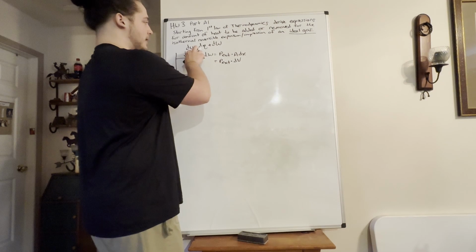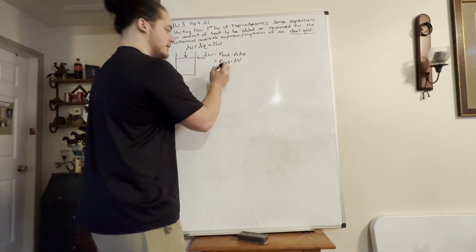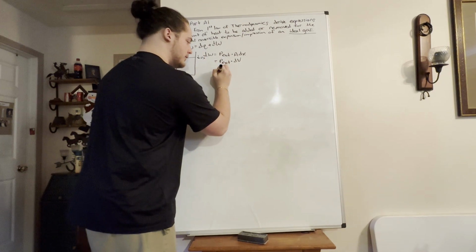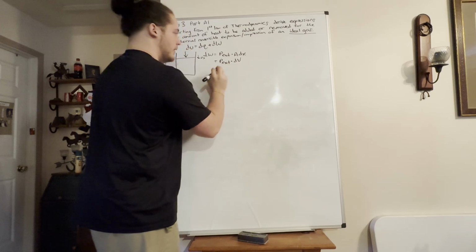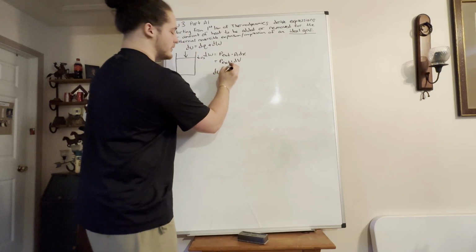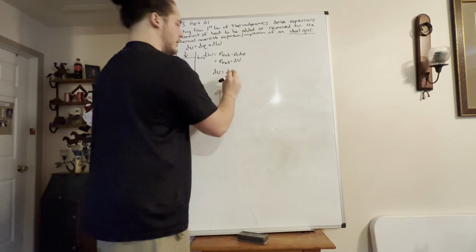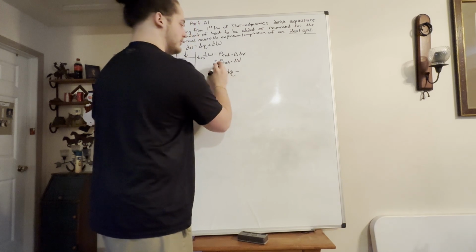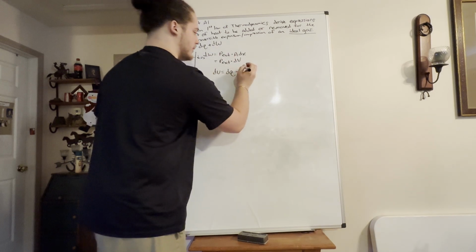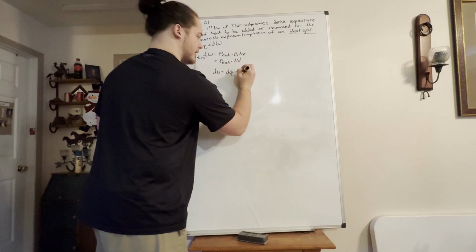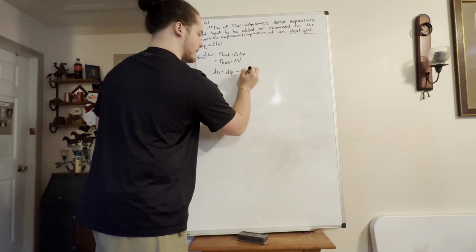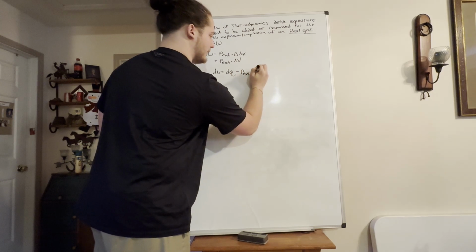So now we can rewrite this equation as dU, the differential amount of internal energy, is equal to the differential amount of heat added or removed, subtracted by the differential amount of work, which we found to be the external pressure times the differential amount of volume.